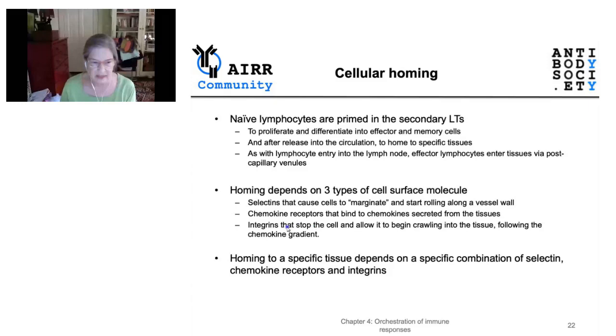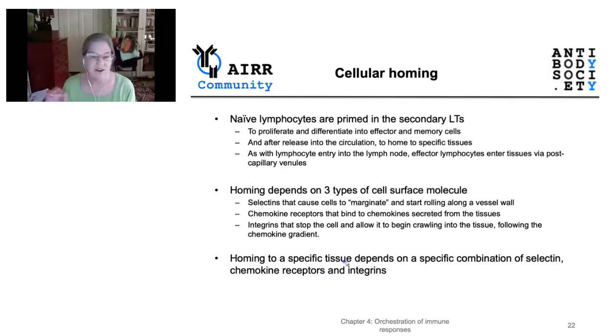And then finally, there are integrins that allow the rolling cell to actually stop. And what happens is, again, chemokine receptors on the lymphocyte will alter the integrins such that from being a weak binder, it will become a tight binder. So it literally changes the structure of the integrin so that it now binds tightly to the ICAM or whatever it's specific for, that allows the cell to stop and walk up that chemokine gradient into the tissue.